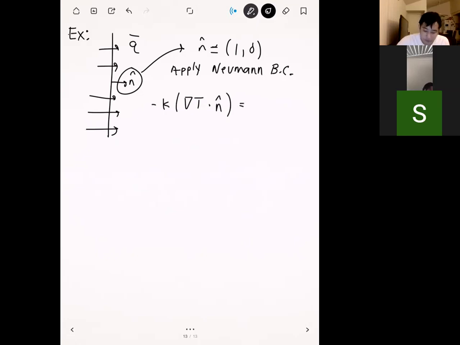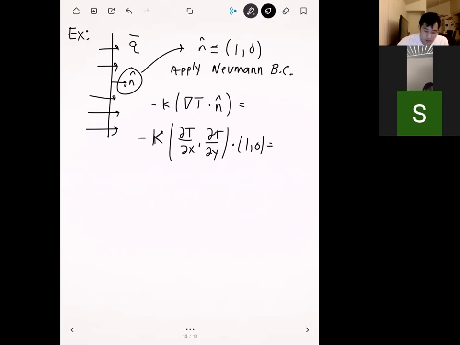Writing out the components, this is minus k, and the gradient of T is dT/dx comma dT/dy. We take the dot product with 1 comma 0.